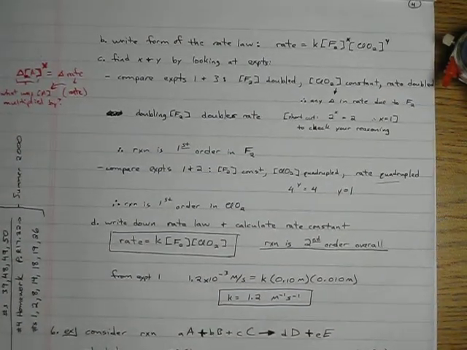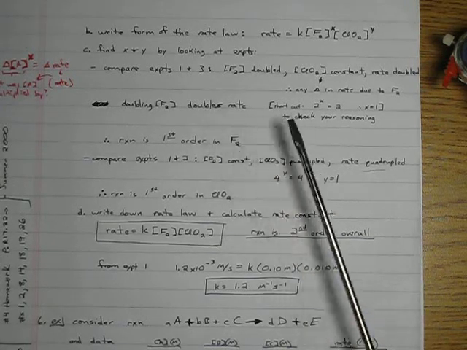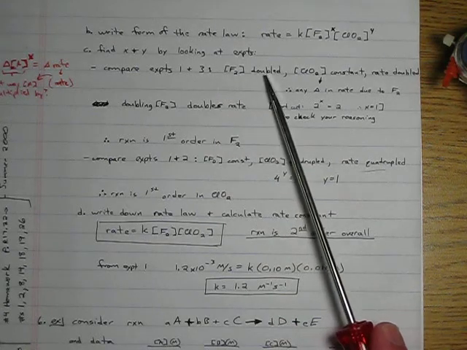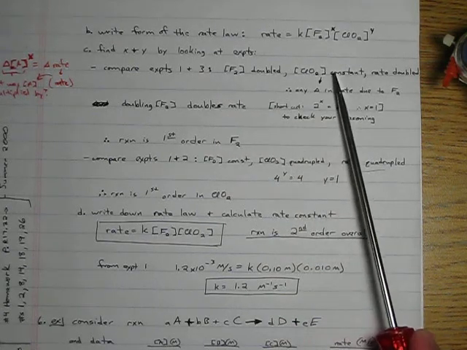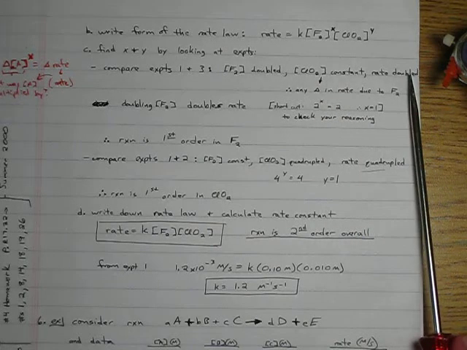We're going to look at, okay, I changed the concentration, what factor did I multiply my initial concentration by, and what factor did the rate get multiplied by? So, when we compare experiments 1 and 3, concentration of F2 doubled, the concentration of Cl2 was constant, but the rate doubled.